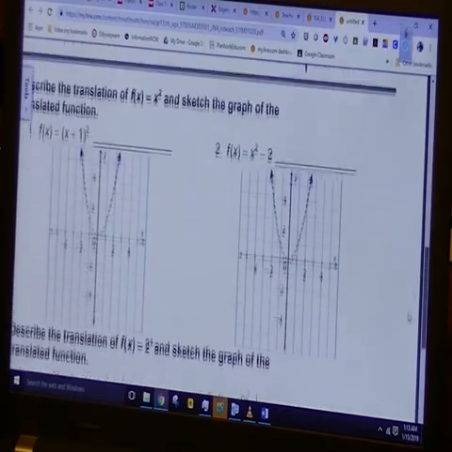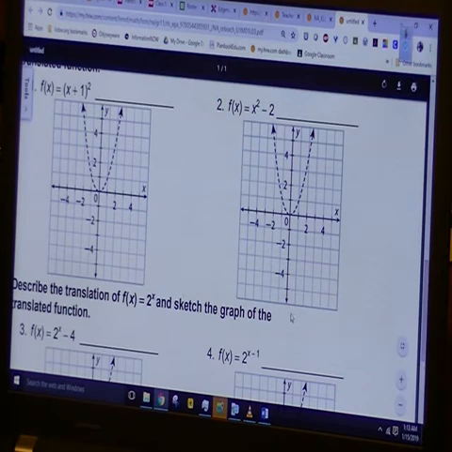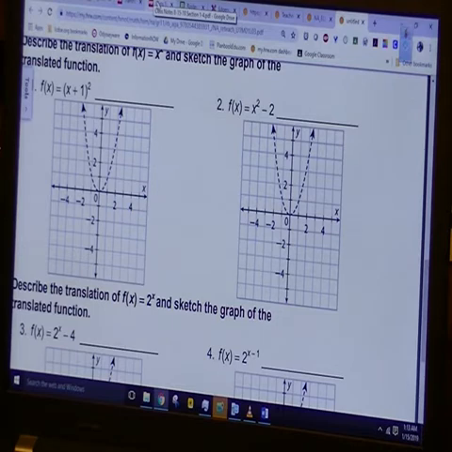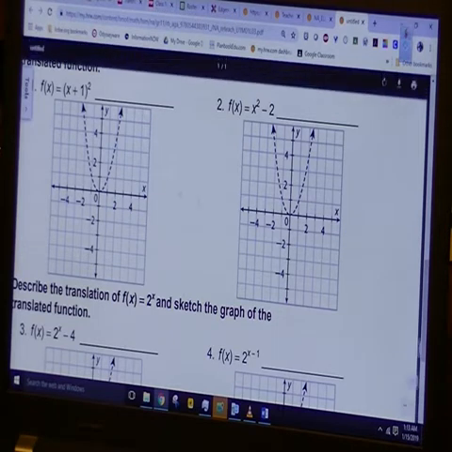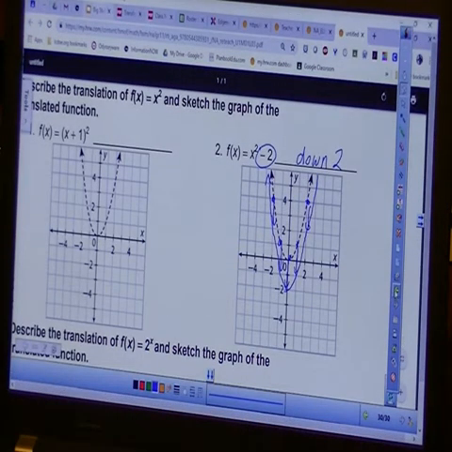I believe we were walking through these examples when I got cut off previously. Here again is our parent function for a parabola, and there are some important pieces here. This is where we were.